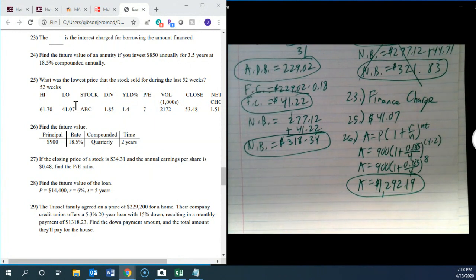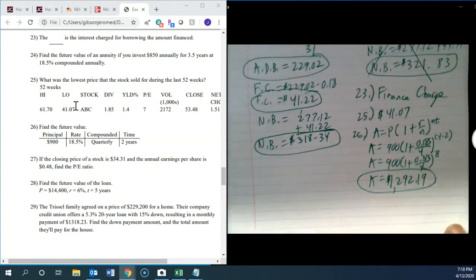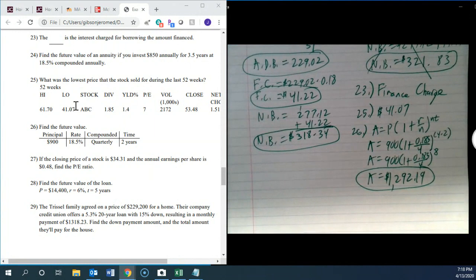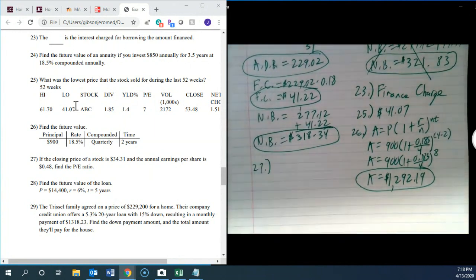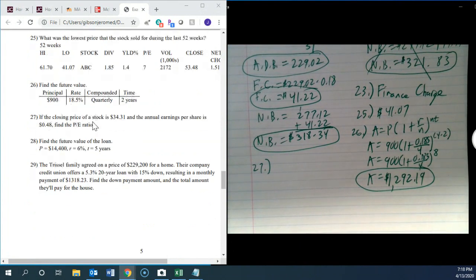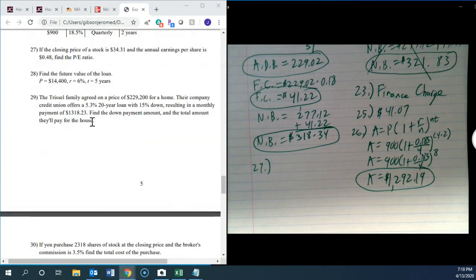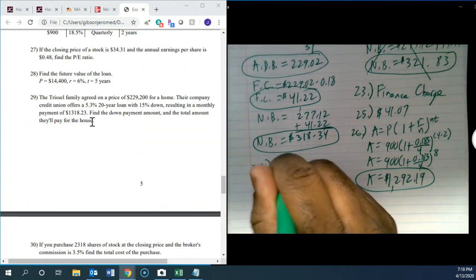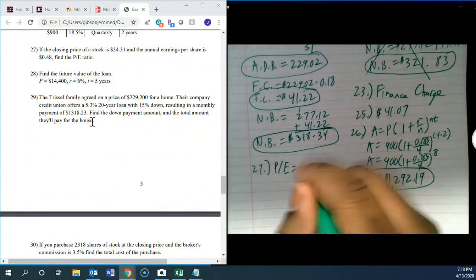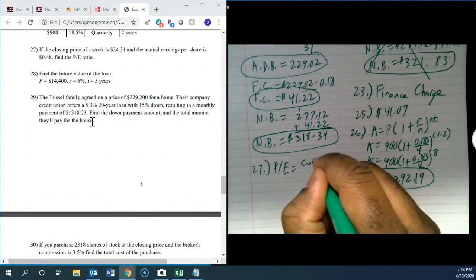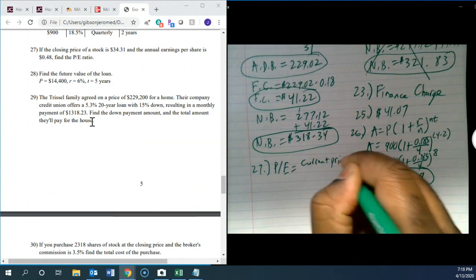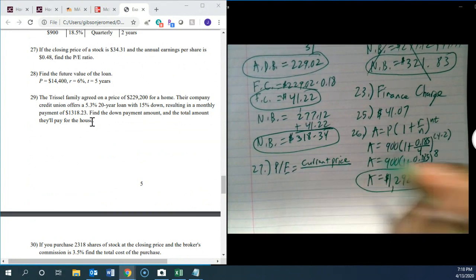Okay, that's problem 26. Now we move on to problem 27. It says if the closing price of a stock is $34.31. Here, let me scroll this up. And the annual earnings per share is 48 cents. Find the price to earnings ratio. So the price to earnings ratio is equal to the current price divided by the annual earnings.